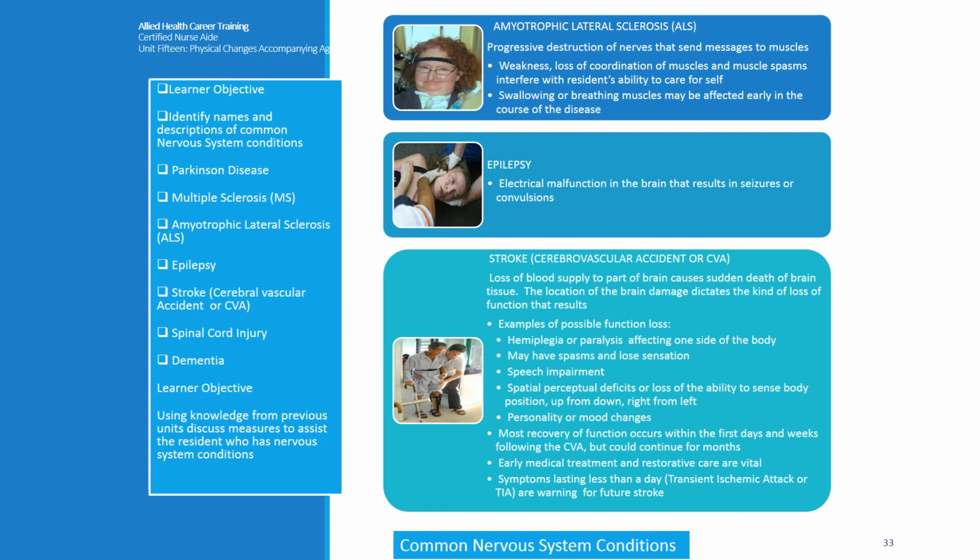So the next thing we'll talk about is a stroke. This, unfortunately, is a rather common thing in the elderly. A stroke is a loss of blood supply to part of the brain that causes a sudden death of the brain tissue. Now, a stroke can be caused by either a bleed or a clot. So either way, you have the blood flow that normally gets through.